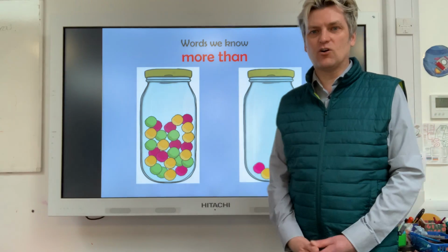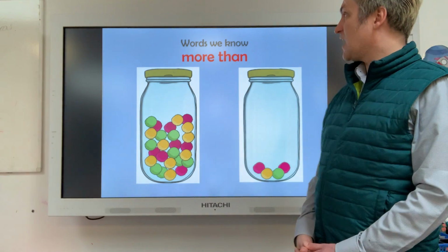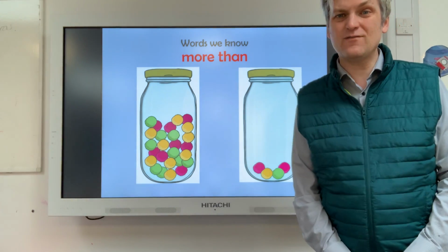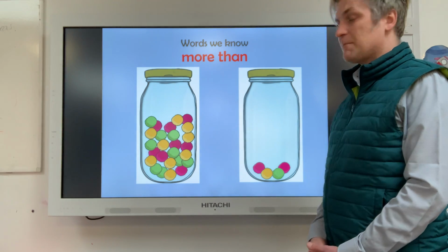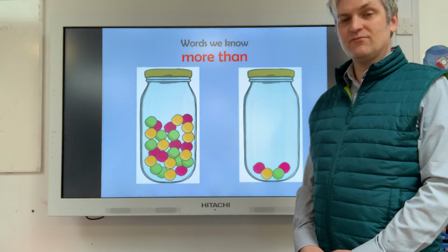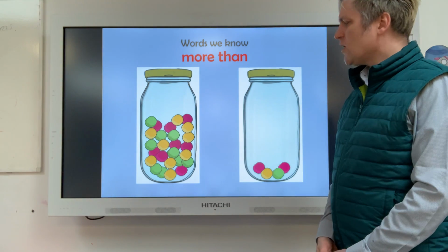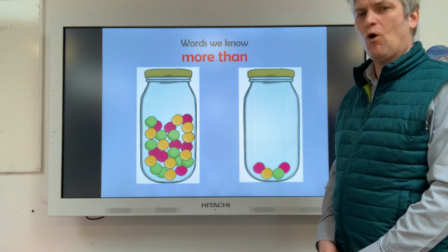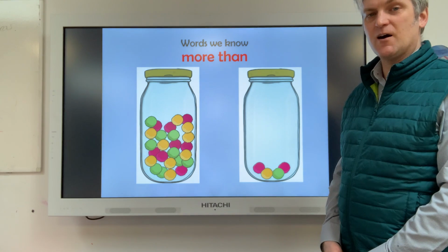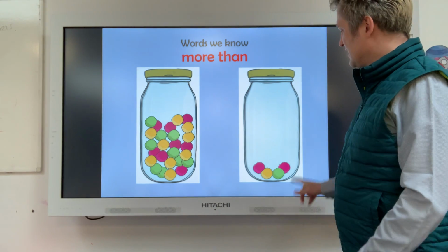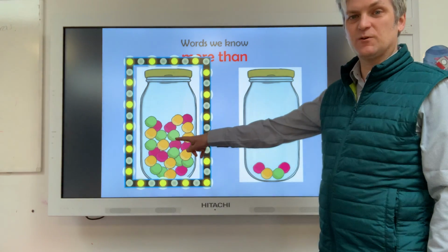Now, have a look at these jars, because I'm going to be thinking about words that we've already learnt. We're thinking about the words more than. So in these jars, I've got some pom-poms. Which jar has more than the other jar? Let's have a look. It is this one here.